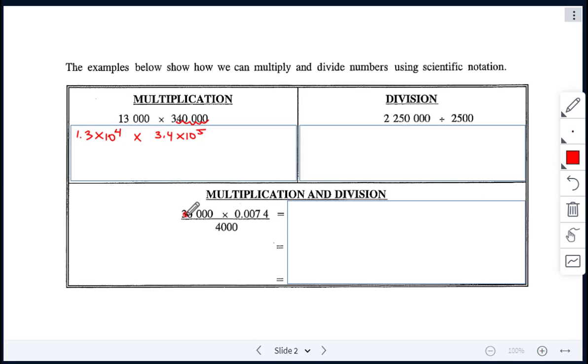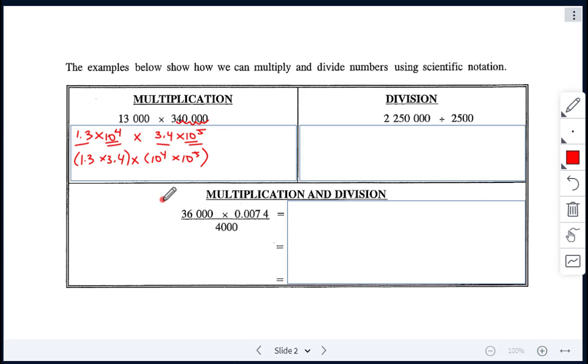All right, once you've done that, you can take the two numbers here, the 1.3 and the 3.4, and we can multiply those together. So 1.3 times 3.4, and that's being multiplied by 10 to the power of 4 and 10 to the power of 5. So we'll multiply those two together. Now we can use our exponent rules here.